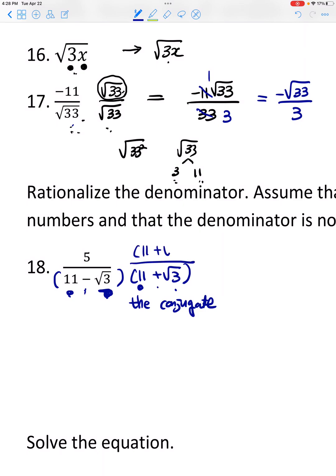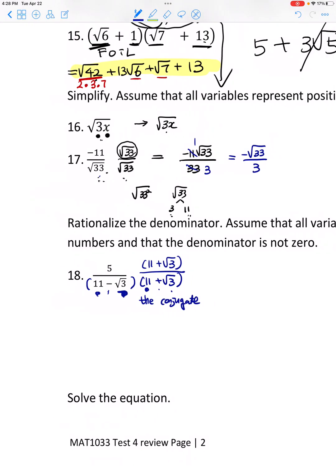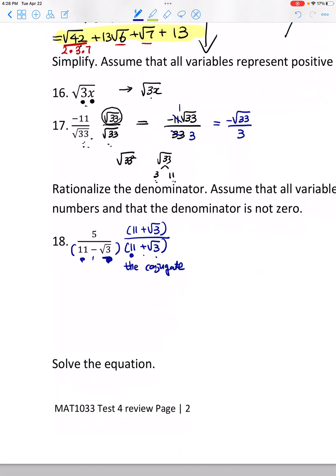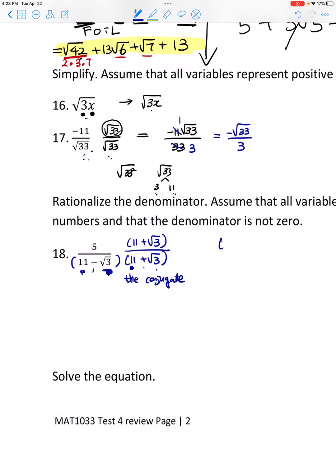So we multiply the same expression top and bottom. Remember how we did question 14? When we get opposites, we just need to do the first one squared minus the second one squared. What I'm saying is this is x squared minus y squared.